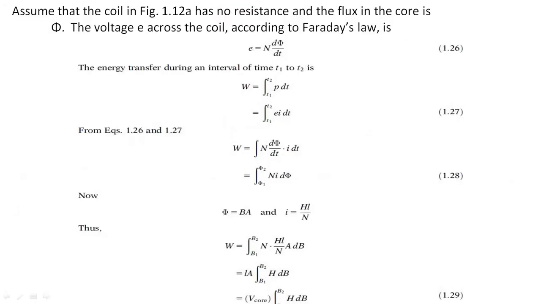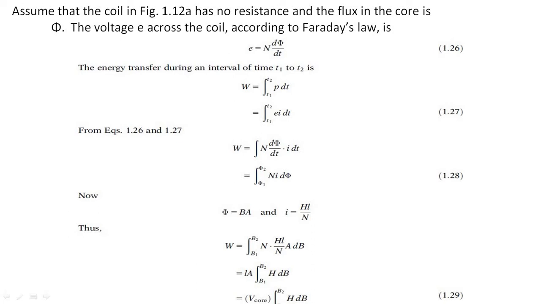Assume that the coil has no resistance and flux. The voltage across the coil is given by Faraday's law. According to Faraday's law, whenever a conductor or coil is in a magnetic field in such a way that it cuts the lines of flux, an EMF is induced in the conductor. That means the average induced EMF is equal to N d phi by dt.